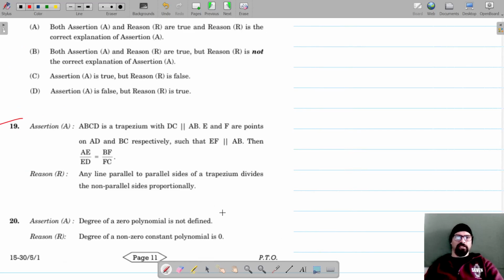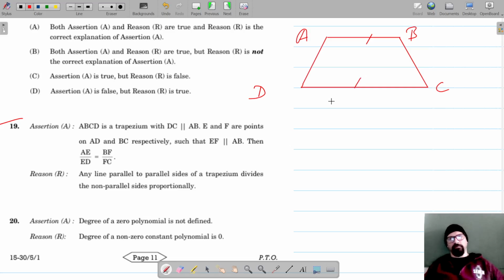For question number 19, it's given that ABCD is a trapezium with DC parallel to AB. So ABCD is a trapezium where DC is parallel to AB. So this is A, B, C, and D, and AB is parallel to CD.